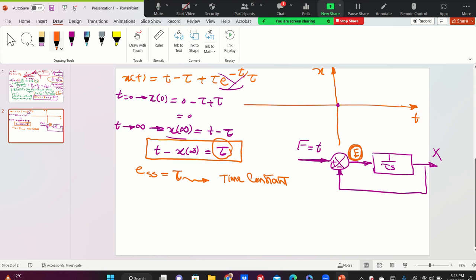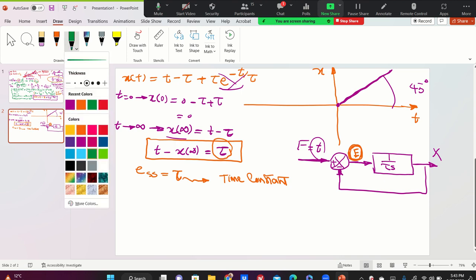So if this is your input to the system, see, this is t, here is a 45 degree line. Sorry, the input to the system. So for the output, if I rewrite this here, let me show that to you guys.